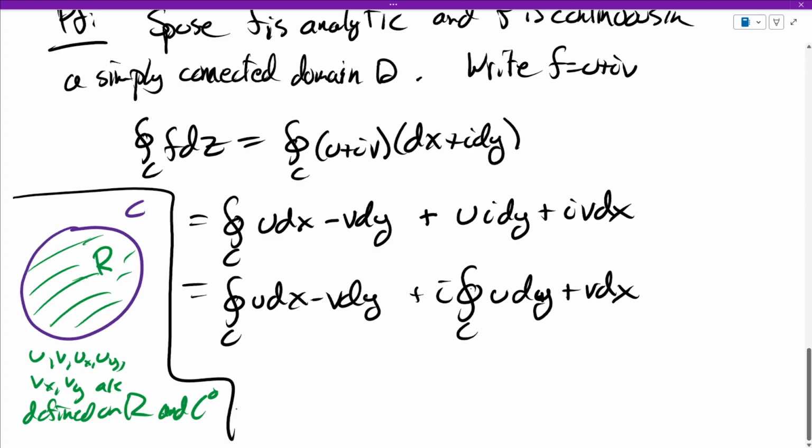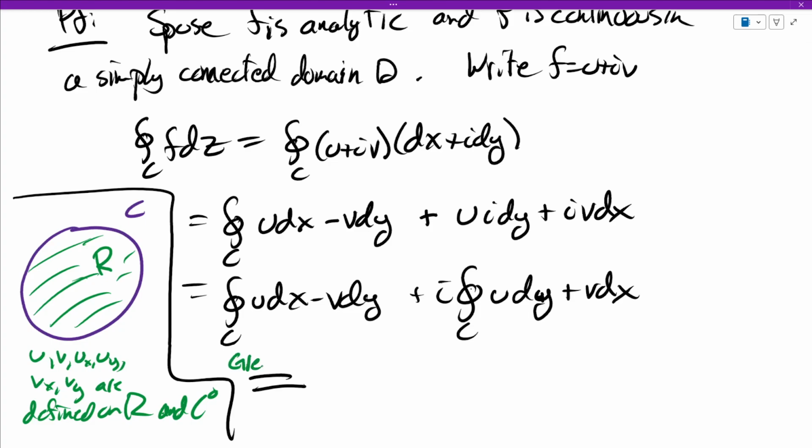And once you know that, then you can always transform your contour integral to an integral over the region using Green's theorem. So by Green's theorem, oh shoot, I missed a golden opportunity.